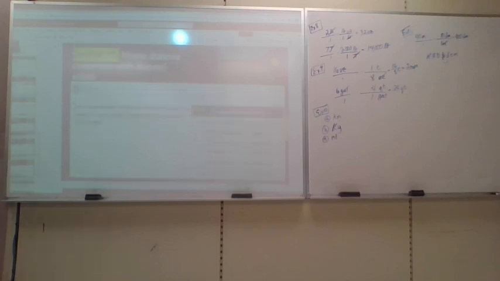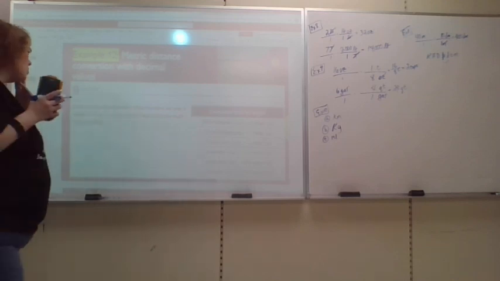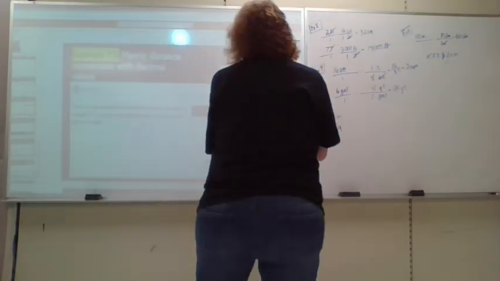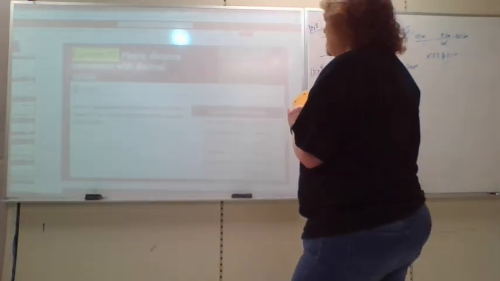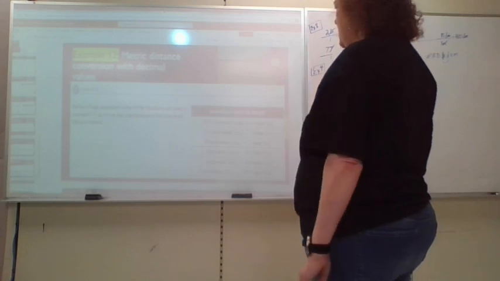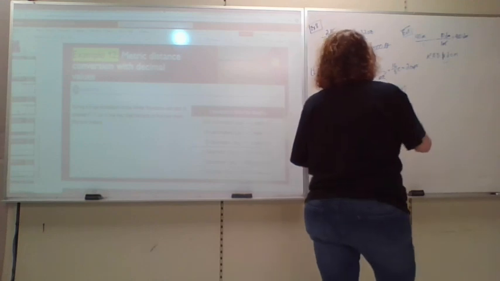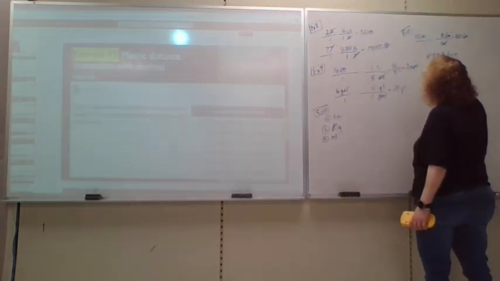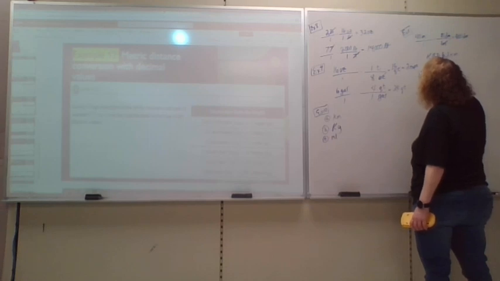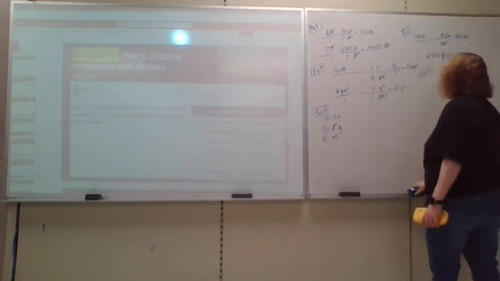Okay, the next one. We're going to be doing metric distance conversion with decimal values. During a huge snowstorm in the White Mountains last year, it snowed 67.5 centimeters in one day. Use the facts to find out how much this is in meters. So there again, we can use this. Example 12. Let's say I want to use King Henry.